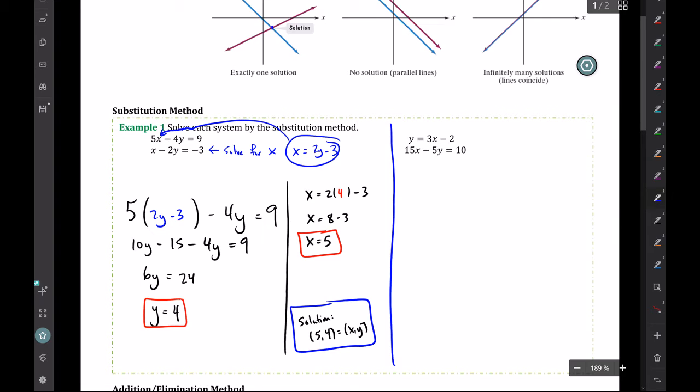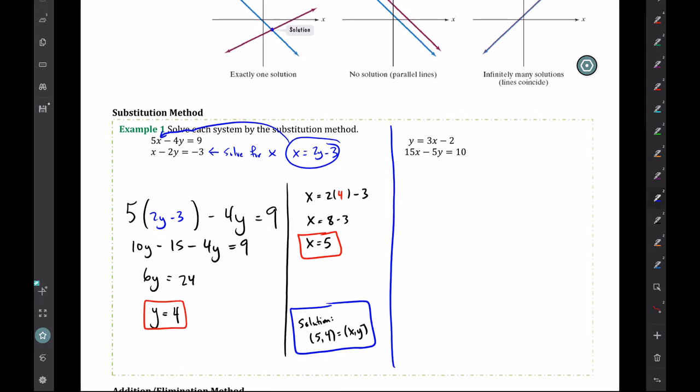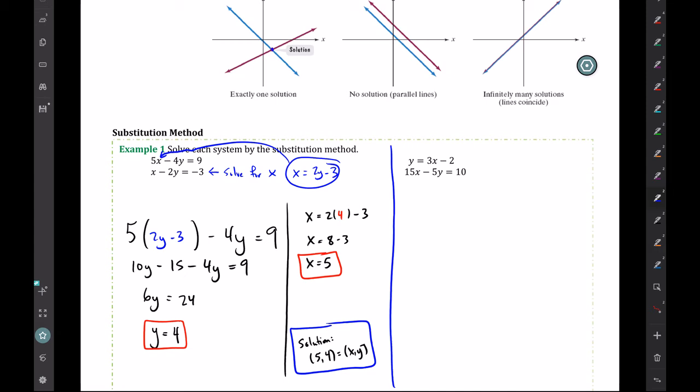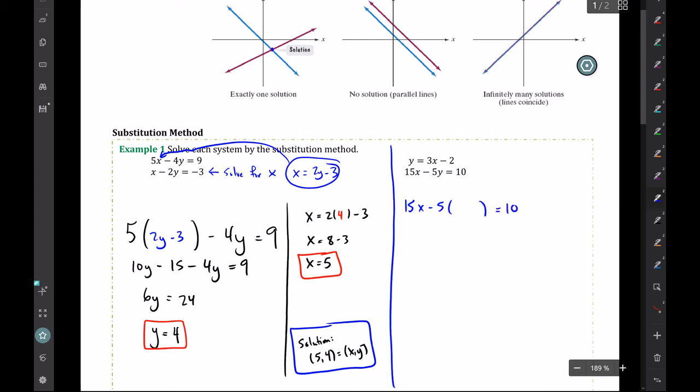Now for the second case, we've already solved for y, so I'll plug that y equals 3x minus 2 into the second equation, 15x minus 5y equals 10. So here's 15x minus 5 times y equals 10, and I plug in 3x minus 2 for y from that first equation.